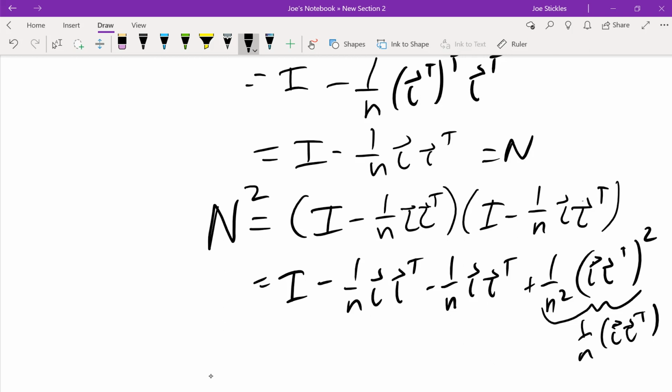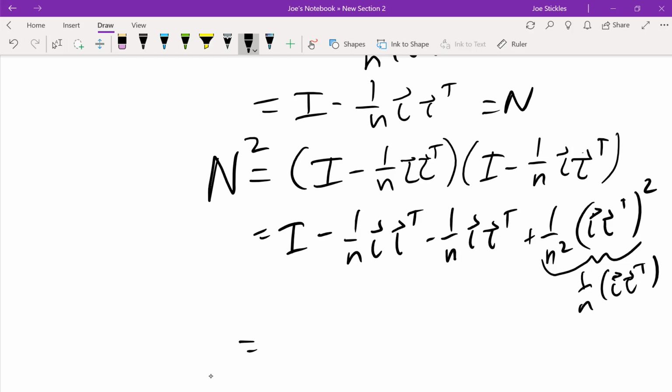I take one of the 1 over n's back through it again. It makes them all ones again. Okay. So notice now we've got 2 minus 1 over n I transposes, but plus another one. So this becomes I minus 1 over n I transpose. Oh, look. We're back to where we started.